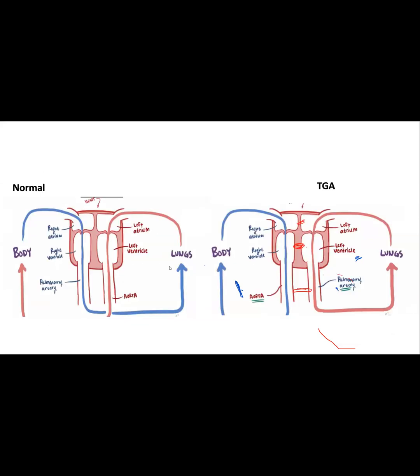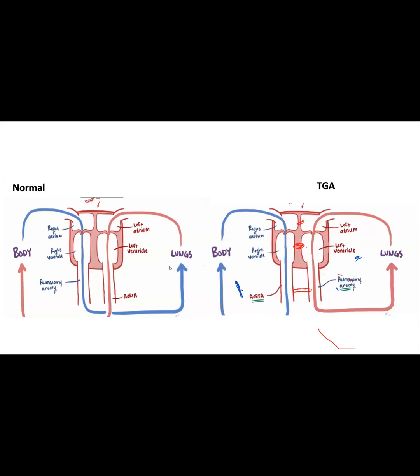So in this case, unlike the transposition of the great arteries, the circulation is preserved in levotransposition, because it's acyanotic, it's not blue, and for this reason babies with levotransposition of the great arteries usually won't have any obvious symptoms.